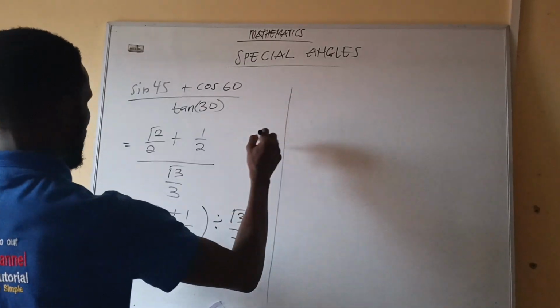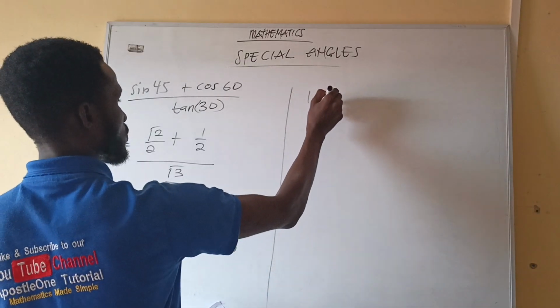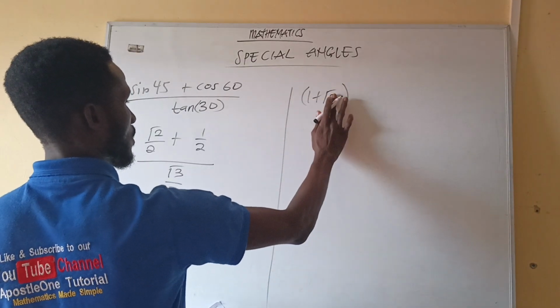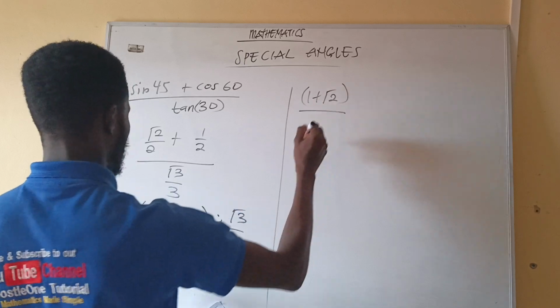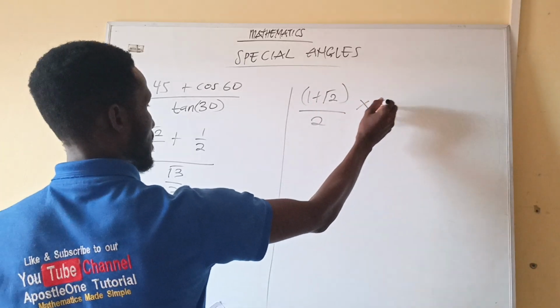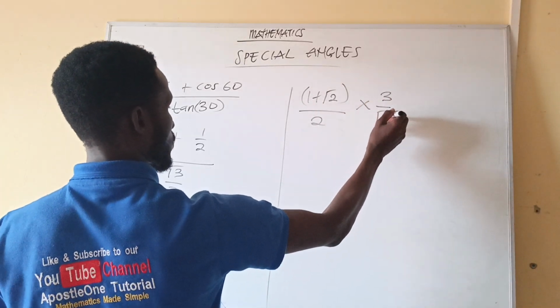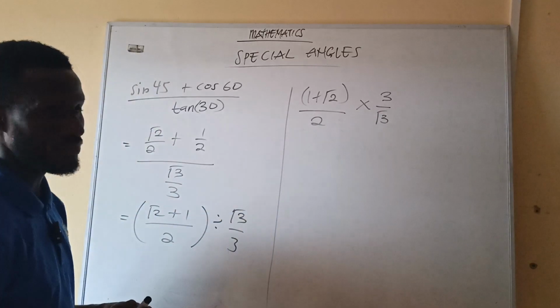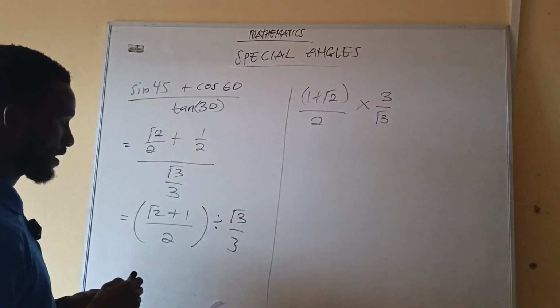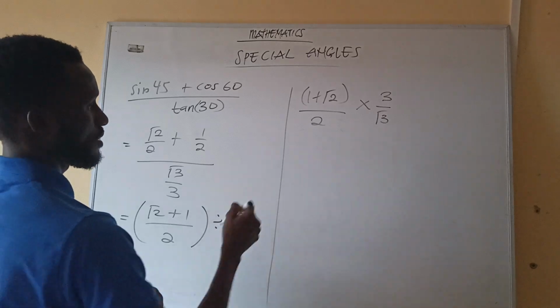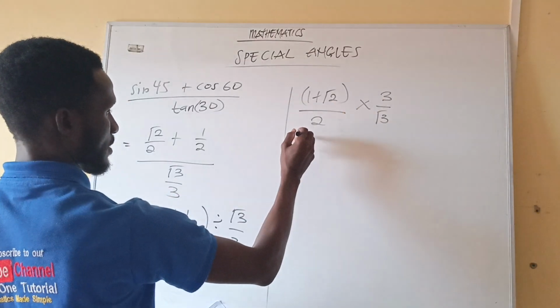So I'm going to get 1 plus root 2 divided by 2 times 3 over root 3.